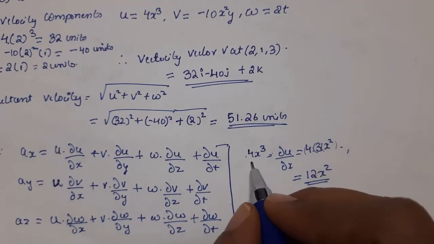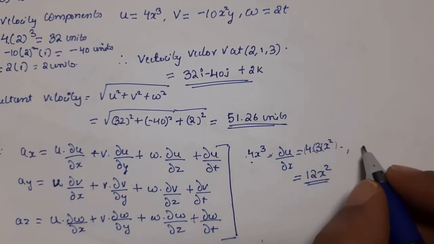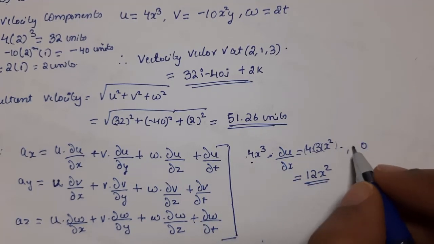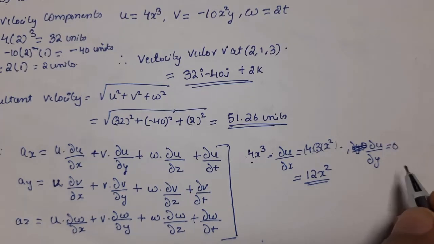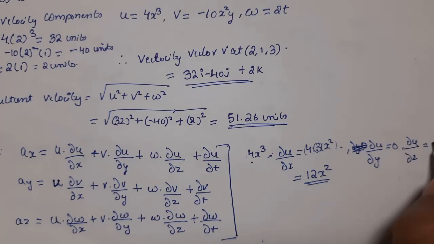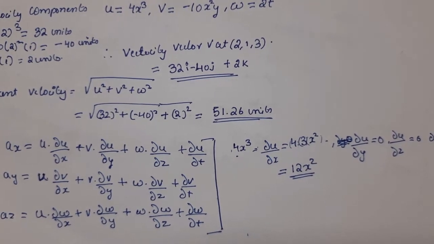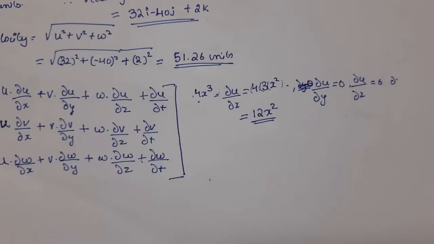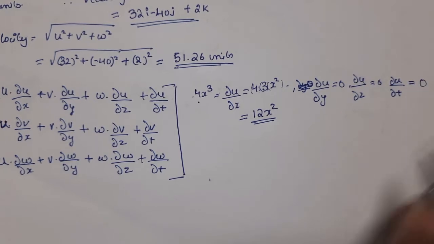Now the same thing, ∂u/∂y: there is no y component there, so it will be 0. Similarly, ∂u/∂z is equal to 0, and ∂u/∂t is equal to 0.